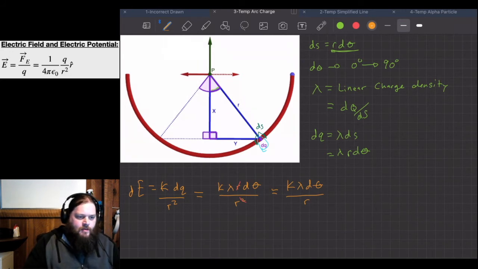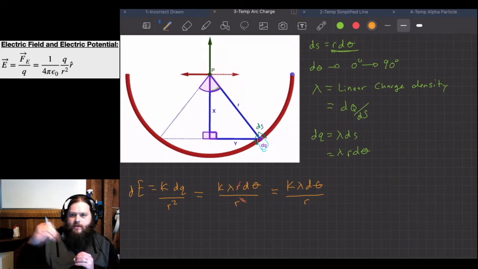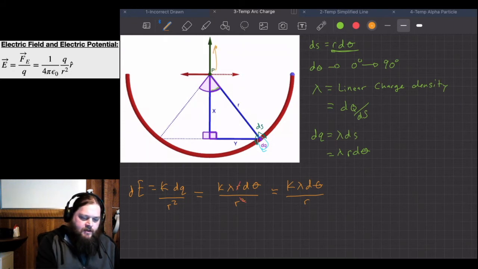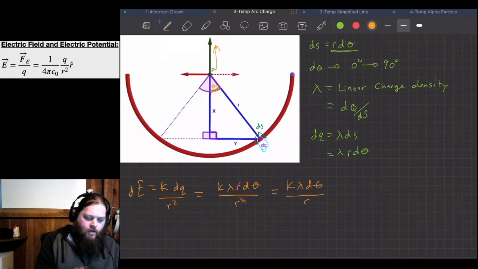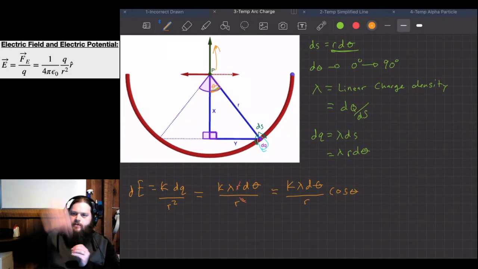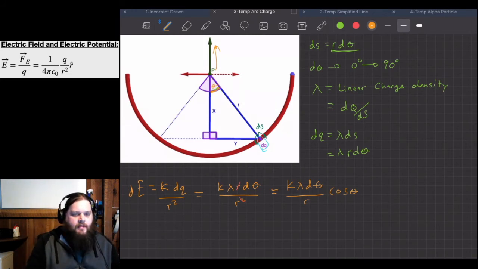So now we get to integrate. And we're looking at just, in this case, the y component of it. Again, the y component is going to be the vector that's shooting up this direction here from the angle that we have here. If this is our angle theta, then we can say cosine of theta will give us the component vector shooting up out of the top of that point.